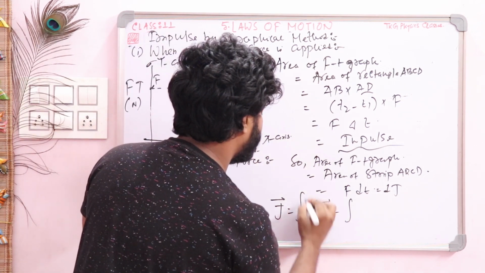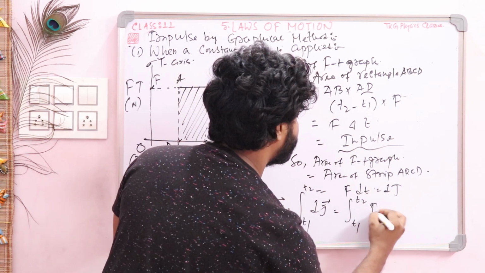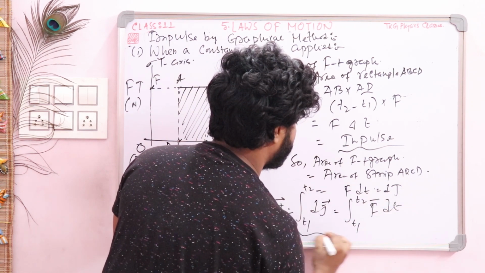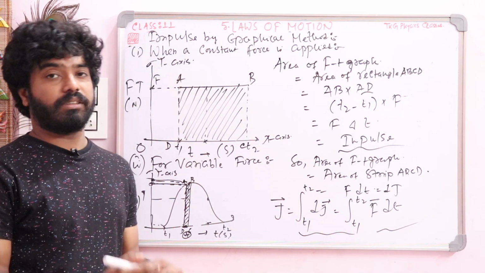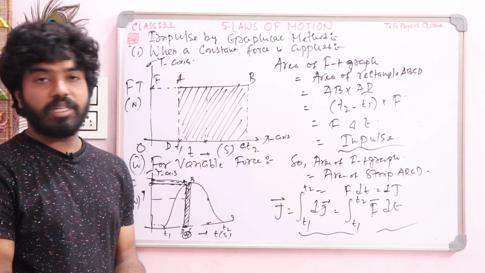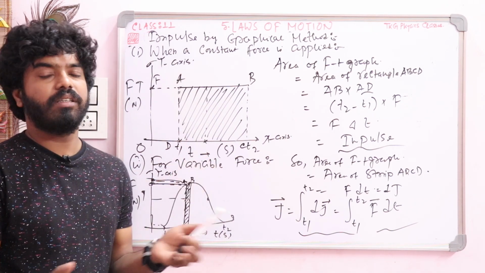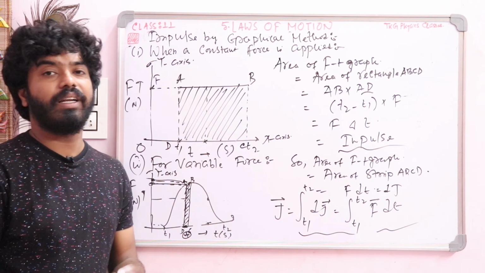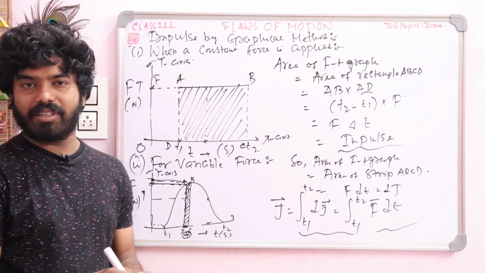So this will be the integral from t1 to t2 of F dt. So when a variable force is applied on a body, we have to integrate over the total time interval, and when a constant force is applied, you simply calculate the area under this F-t graph, then you can easily find the impulse of that body. Okay, I think this part is clear to all of you.